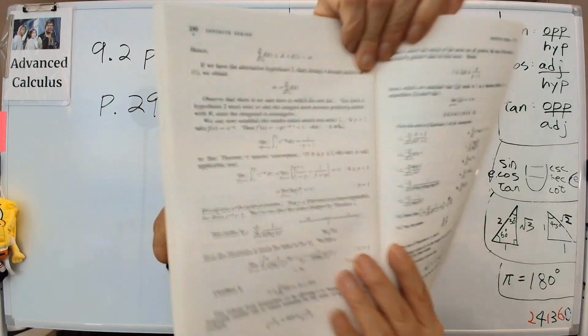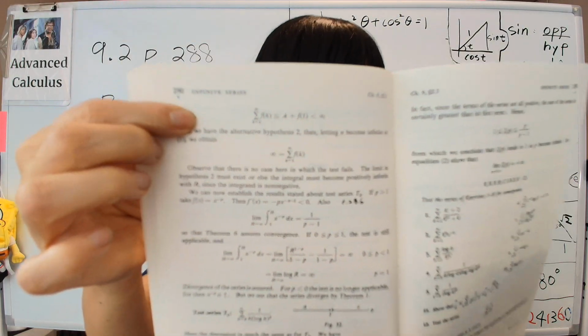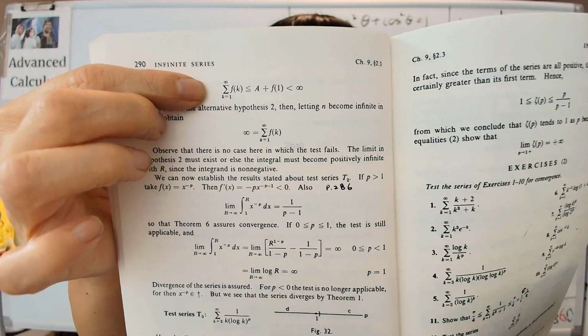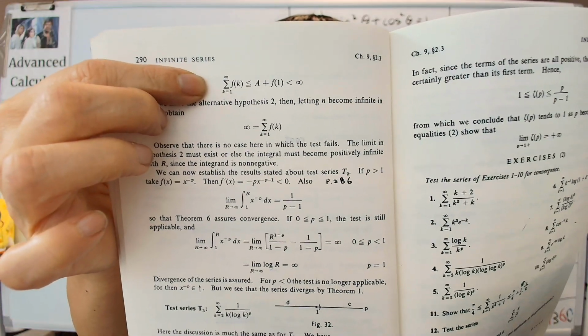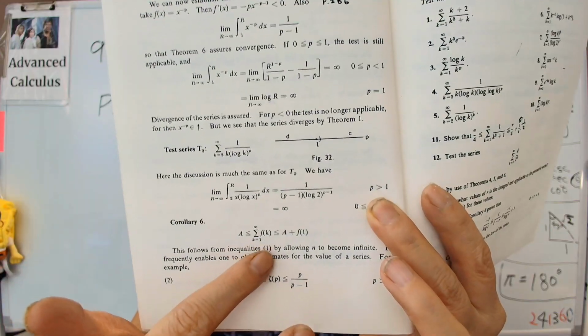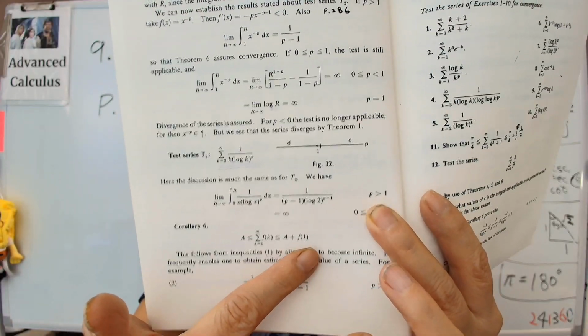The first one is on the top of the page, where the infinite series is less than or equal to A plus f of 1, which is given down here. This part of the inequality: the series is less than A plus f of 1.